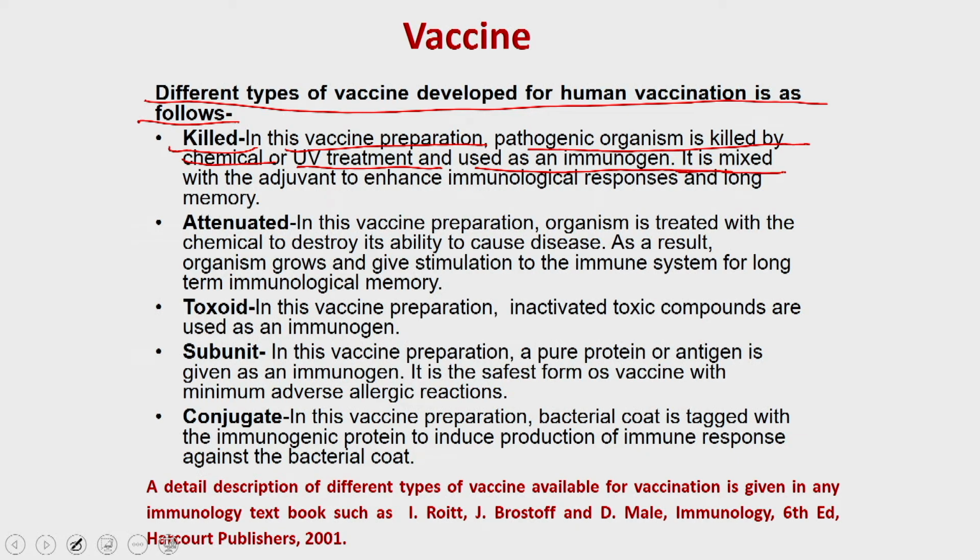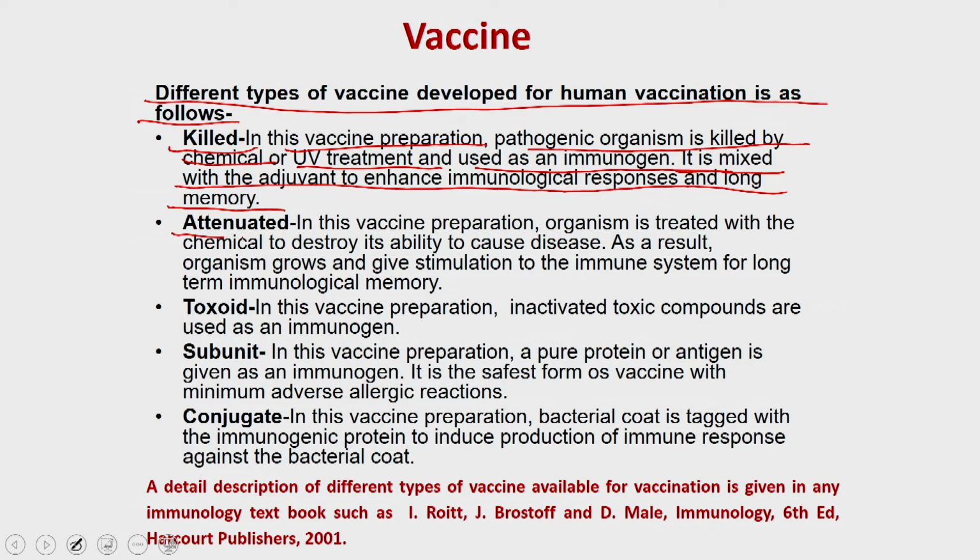This killed organism is mixed with an adjuvant to enhance the immunological responses and the long memory, which means you not only enhance the immunological response, you also generate a lot of memory B cells, and because of that you have a very long memory to combat this infectious organism.